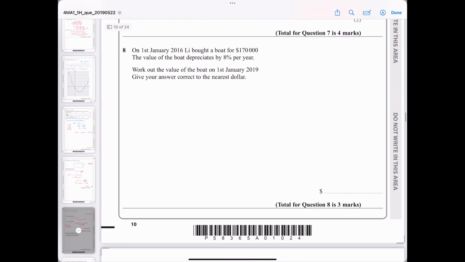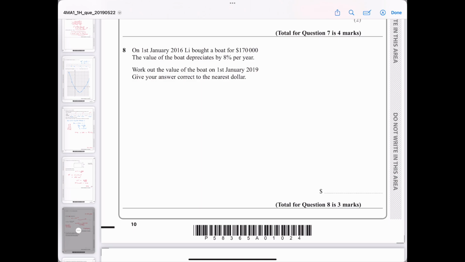Okay, ooh, I like people buying boats. So on the 1st of January 2016, Lee bought a boat for $170,000. The value of the boat depreciates by 8% every year, so it goes down. Work out the value of the boat 3 years later and give your answer to the nearest dollar.